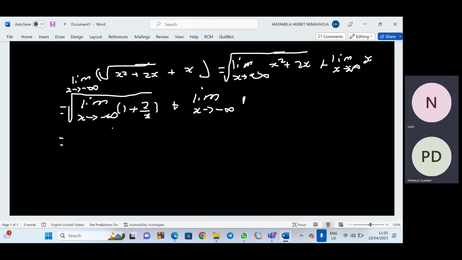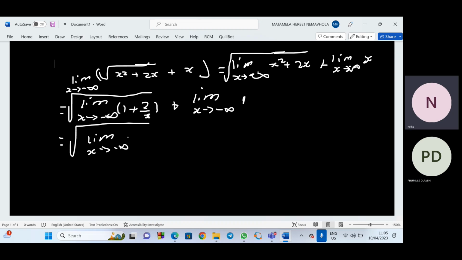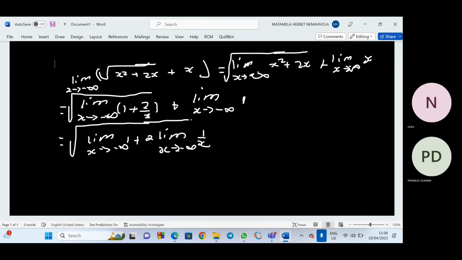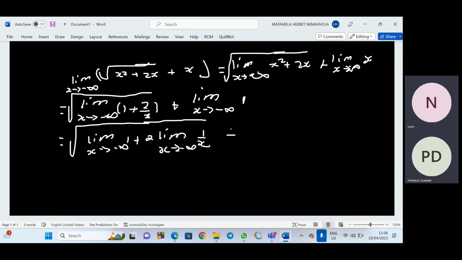Then this is equals to the square root of limit when x approaches negative infinity of 1 plus 2, in brackets, limit when x approaches negative infinity of 1 over x, using the standard rules, plus limit, which is 1, we're just going to write 1.